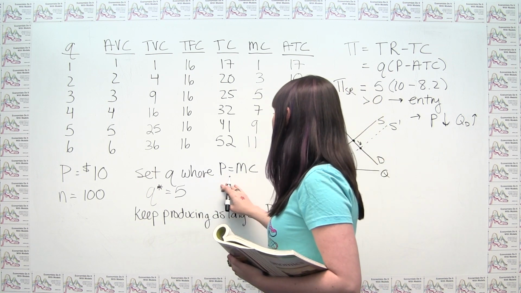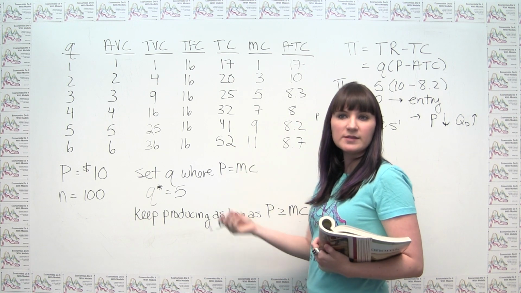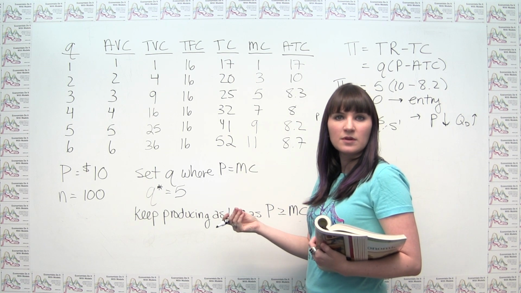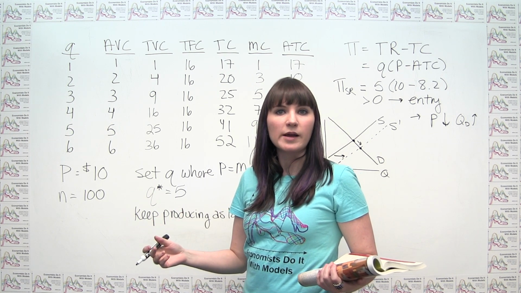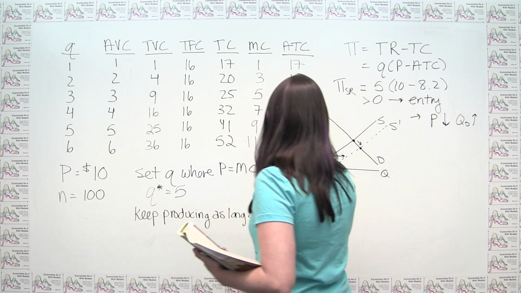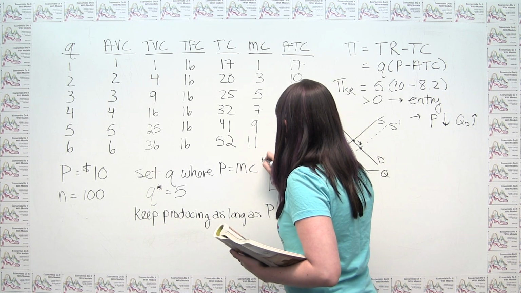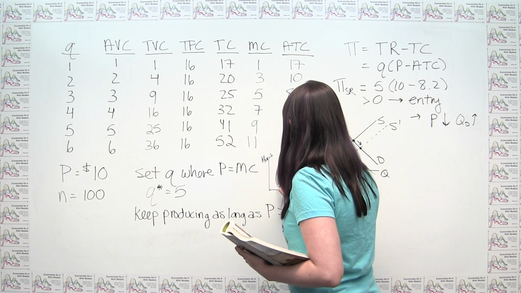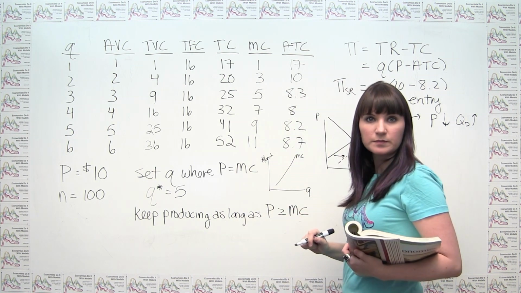So if we're going to set quantity where price is equal to marginal cost, and our price is going down, we can think about what that implies for individual firm supply. Well, as it turns out, marginal cost is upward sloping.